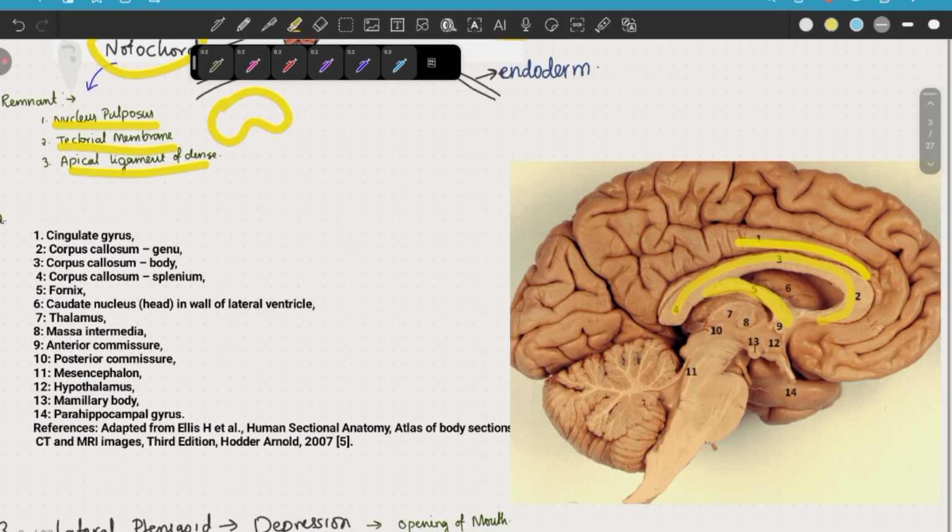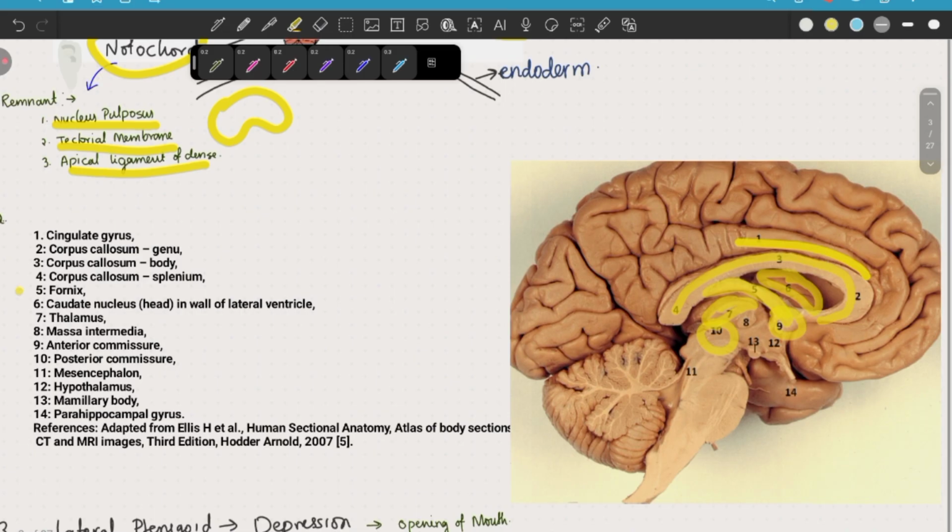This 9 is the anterior commissure, and 10 is the posterior commissure. The seventh one is the thalamus, and the sixth one is the caudate nucleus. This much you have to know.